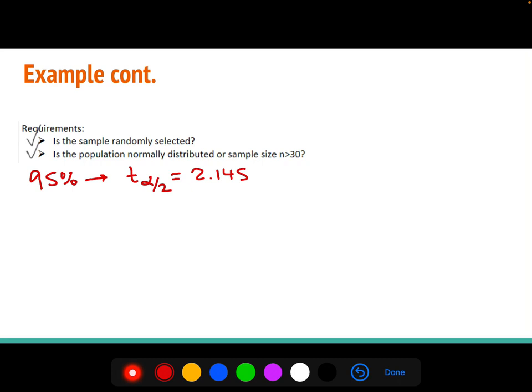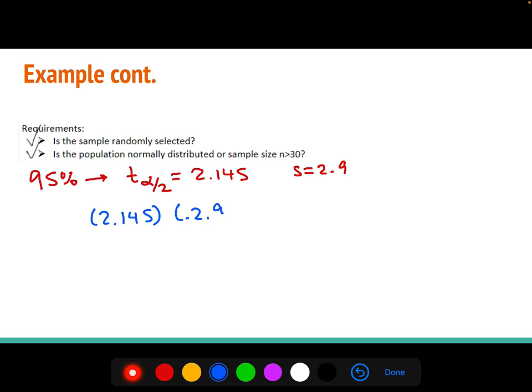And our formula goes, we take our critical value times, in this case, we're looking for our standard deviation. It gave us that in the problem, s. So I'm going to go ahead and write that up here. That's another thing given to us. s was 2.9.